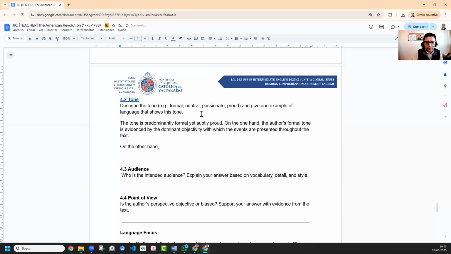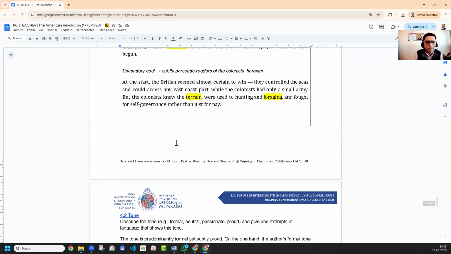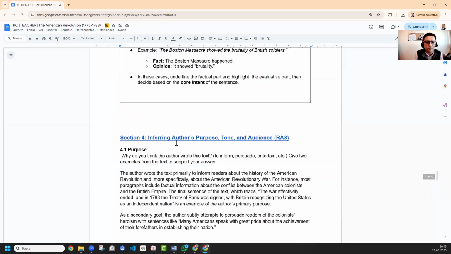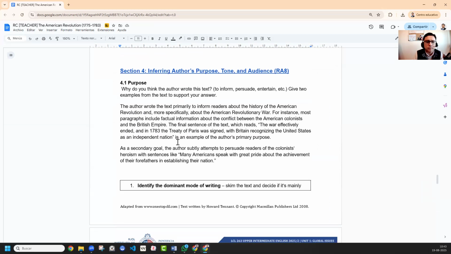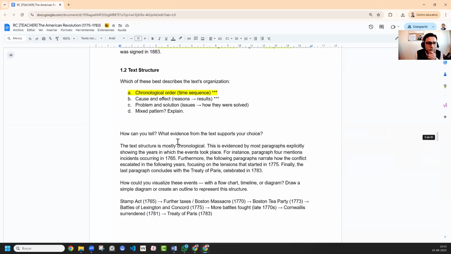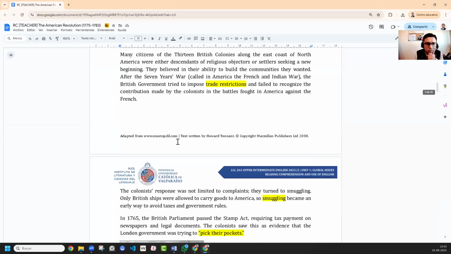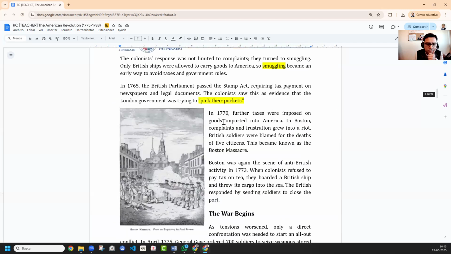Okay, then, now we need to give an example here of one of the events. Let's not repeat the same one that we already used. Okay, so here we have one here.